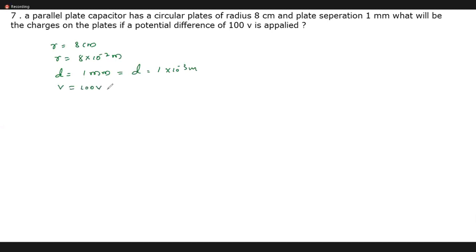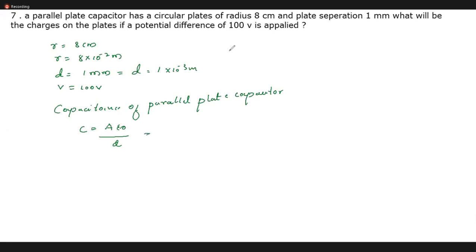First you need to find the capacitance of the parallel plate capacitor with circular plates of the given radius. What is the capacitance formula? C is equal to A epsilon naught by d. What is the area here?